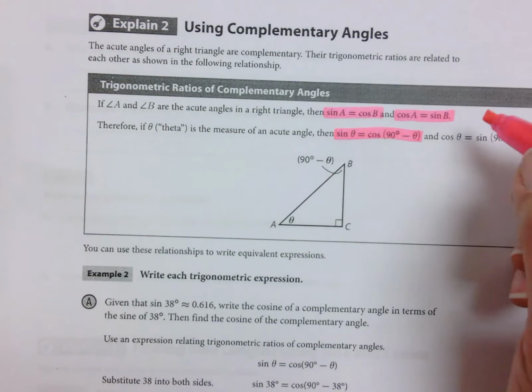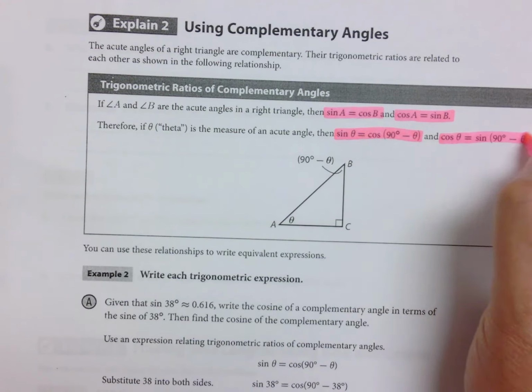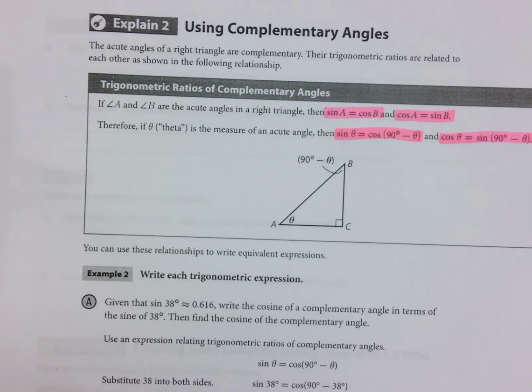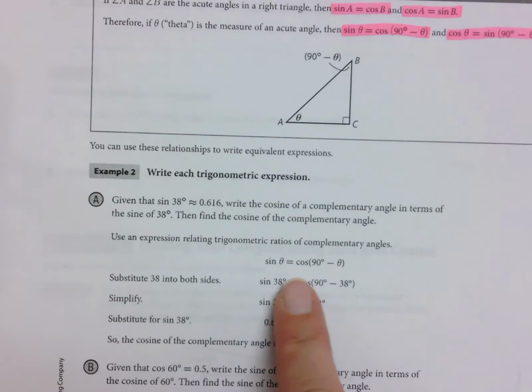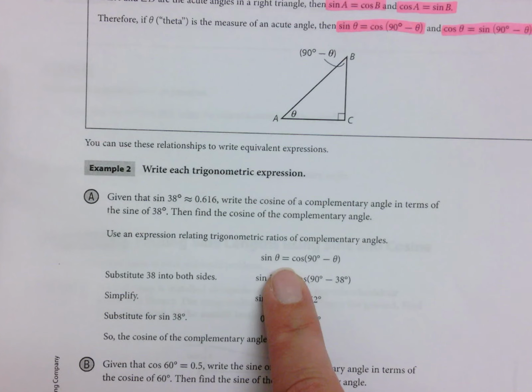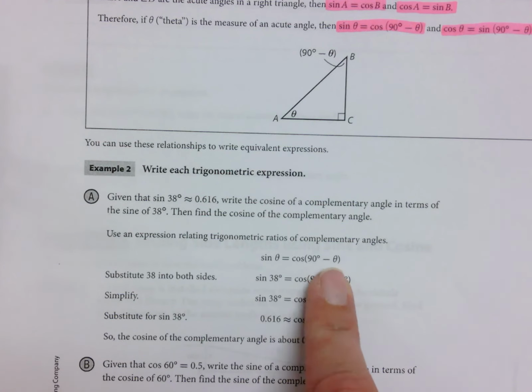Or you can turn it around and say that the cosine of an angle is equal to the sine of 90 minus that angle.